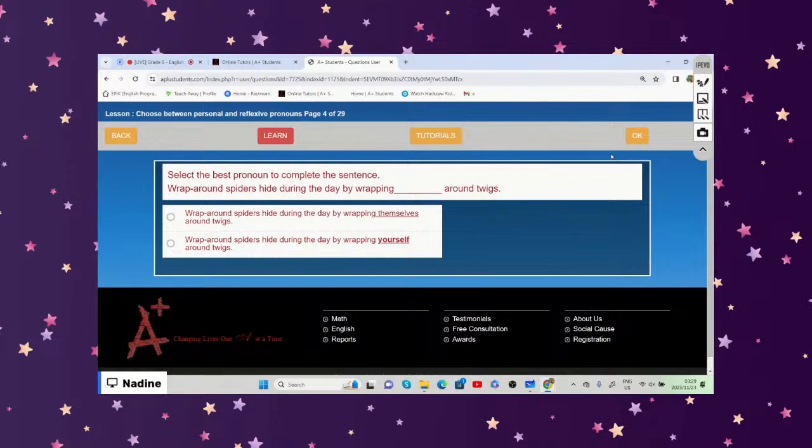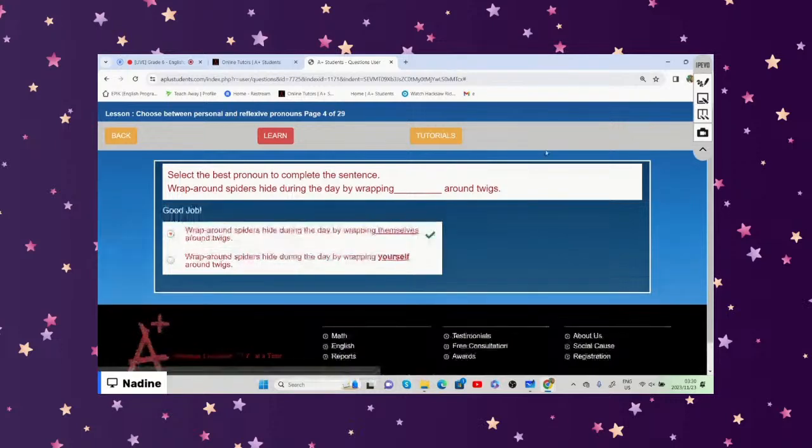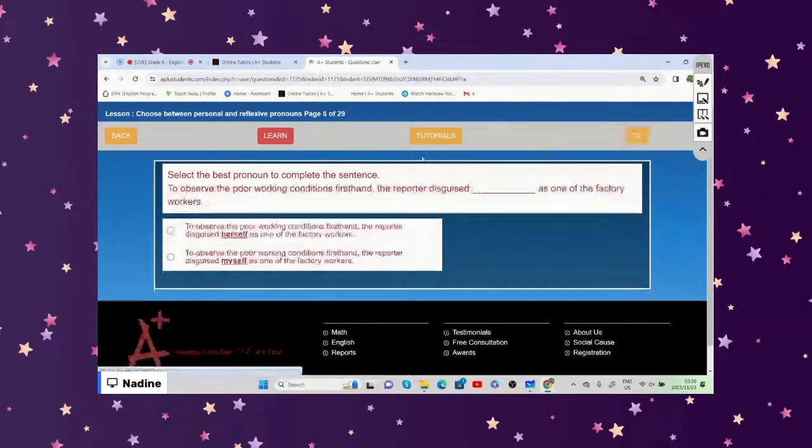If we refer to the wraparound spiders, we can say they hide during the day, which means that they refers to the reflexive pronoun themselves, right? So the wraparound spiders hide during the day by wrapping themselves around twigs. So yes, themselves is correct. Well done.